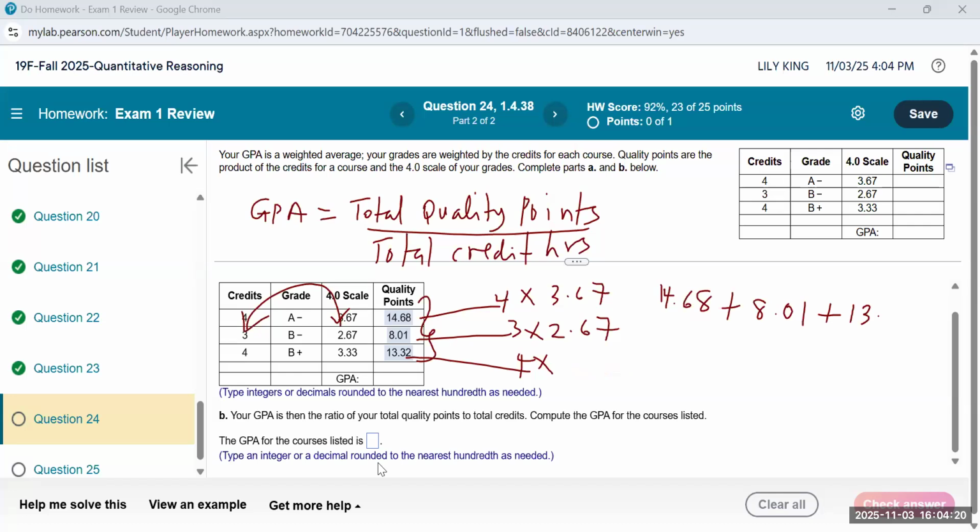This is 4 times 3.33, so 13.32. And you divide by the total credit hours, which is 4 plus 3 plus 4, and that is 11.